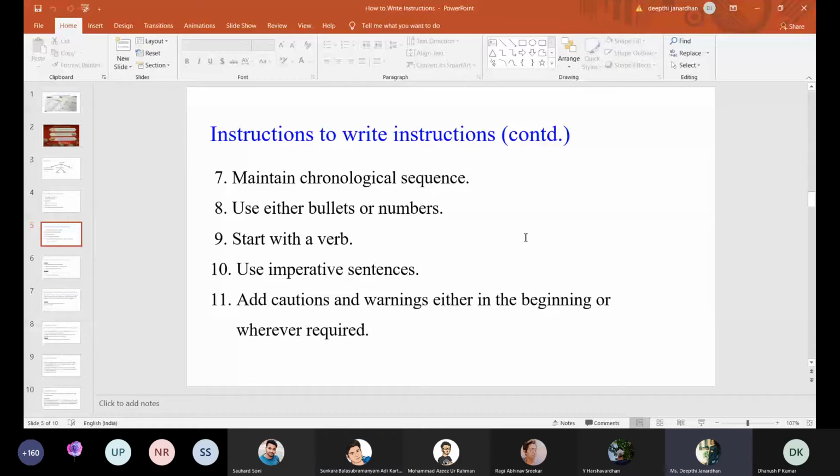See, you can use an arrow mark, but then when you are talking about a subpoint, arrow can lead to a lot of confusion. So numbering would be better. Numbering also gives you that chronological sequence, isn't it? 1, 2, 3, 4. Means for headings we can use numbering, and for subheadings matter we can use the arrow mark.